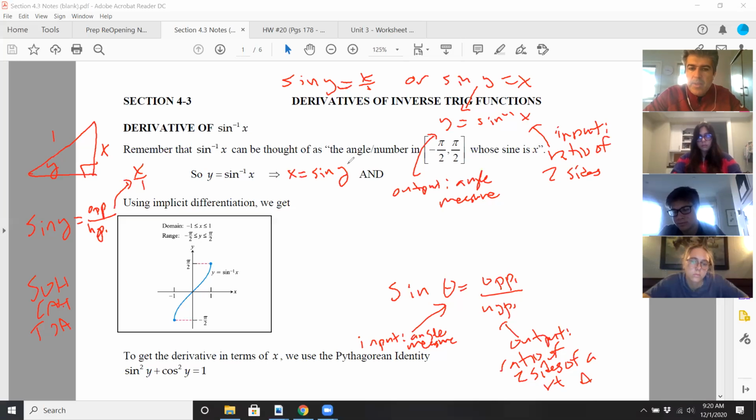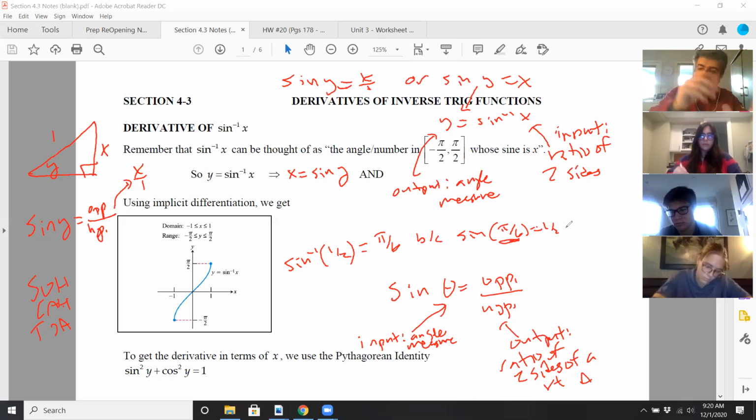So for example, if I do inverse sine of 1/2, you guys might remember this from a while ago, that's going to be pi over 6, because sine of pi over 6 is 1/2. That's straight from the unit circle, right? Where pi over 6 is an angle in radians, and 1/2 is a ratio of two sides.